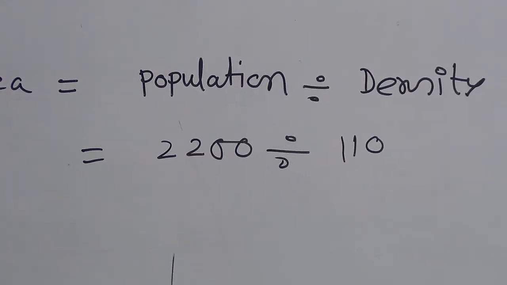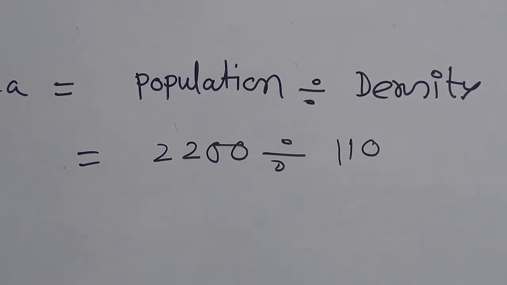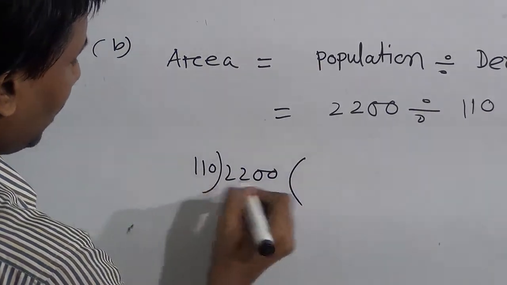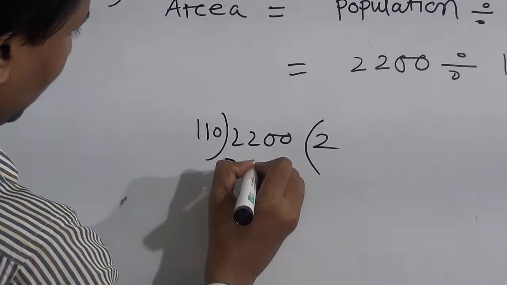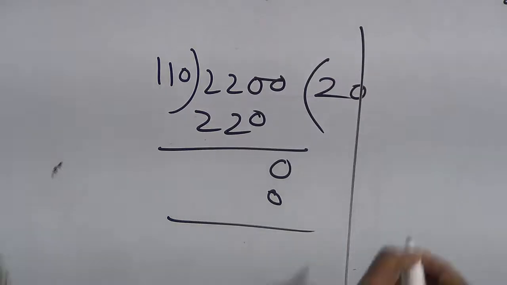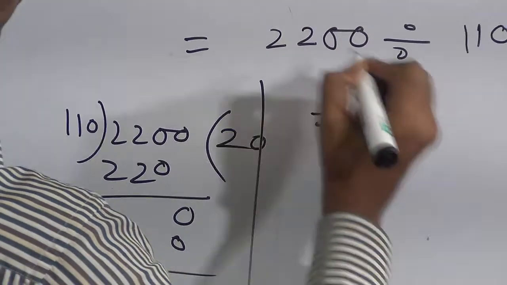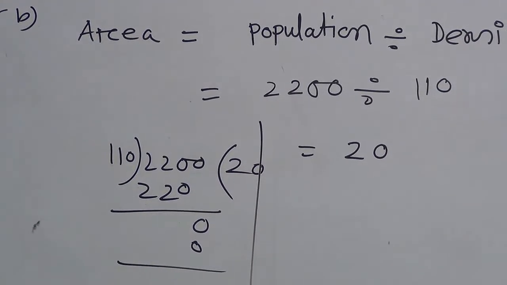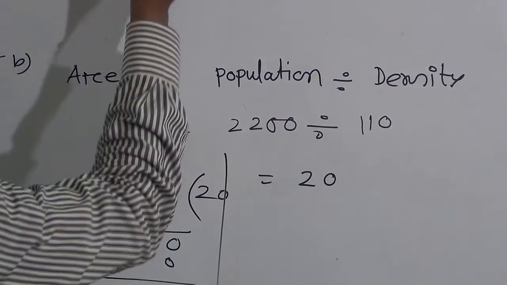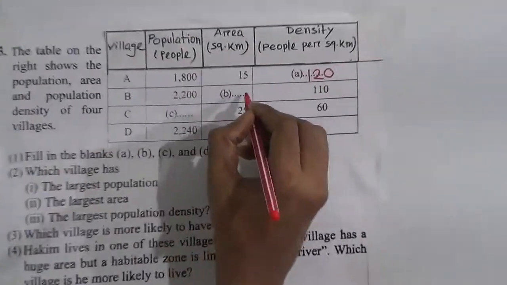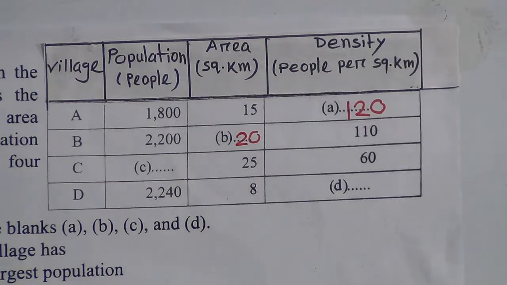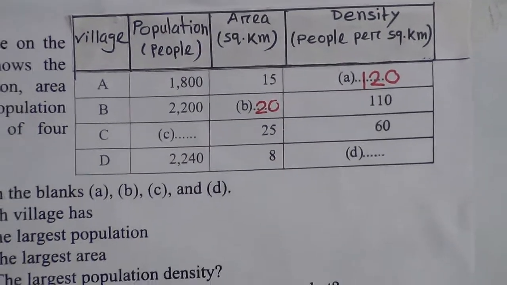Now you divide this: 2200 divided by 110, and we have got 20. That means the area is 20 square kilometers. Now write here for village B, the area is 20 square kilometers. I hope you understood.